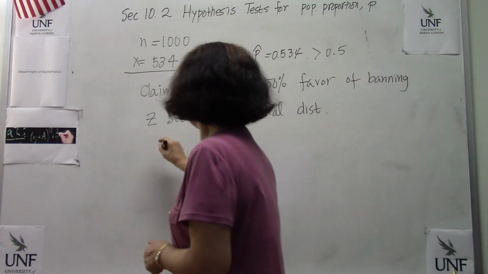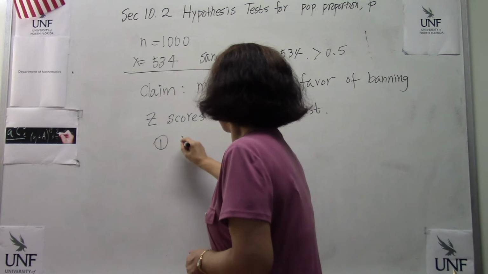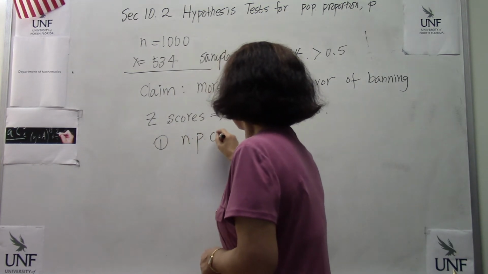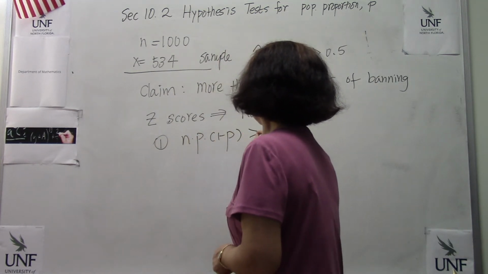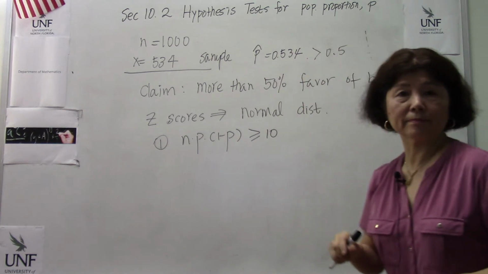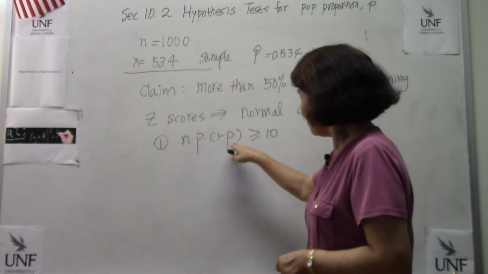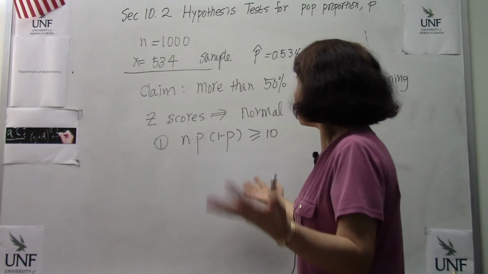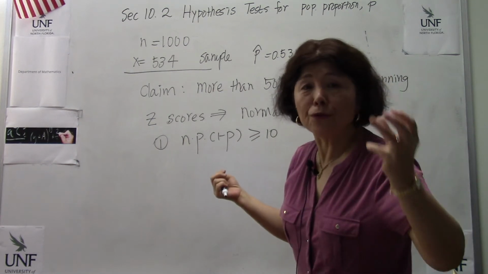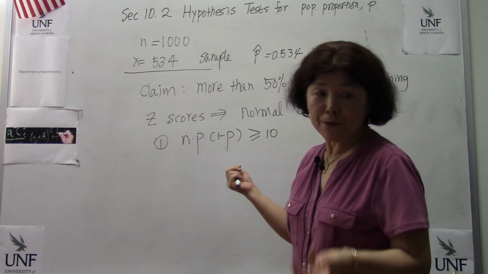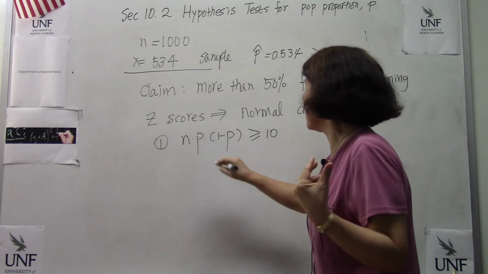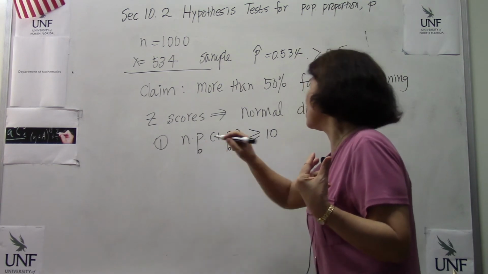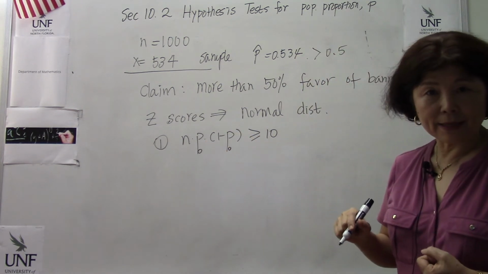So we have to establish that, number one, n times p times 1 minus p is greater than or equal to 10. But guess what? We have to adjust a little bit, because we do not know the true value of p, correct? Okay, we do not know the true value of p.